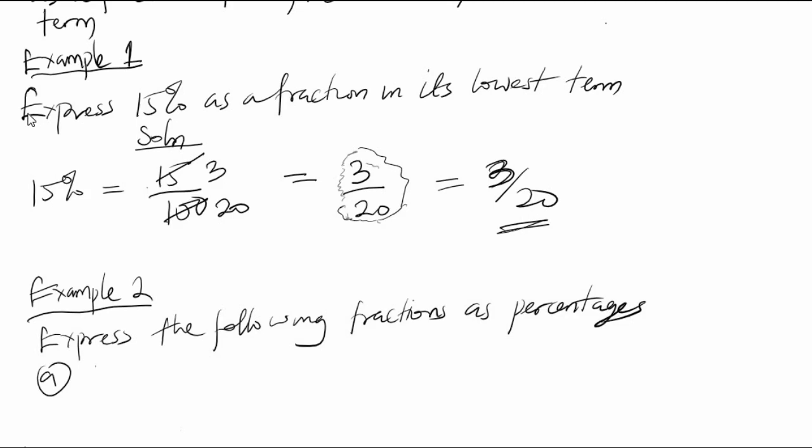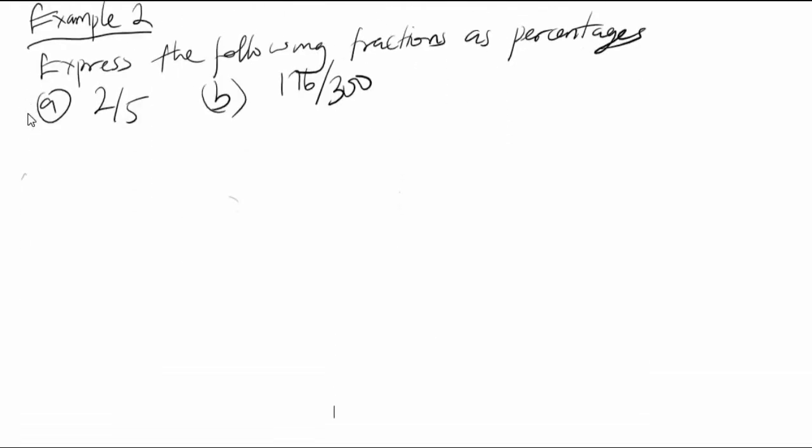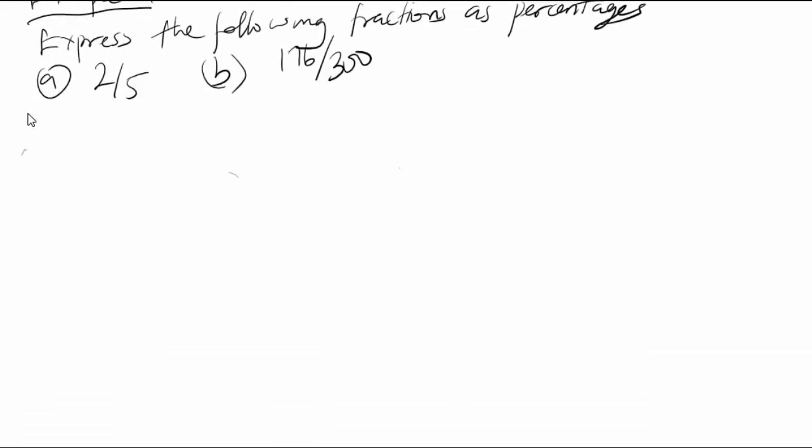A, we have 2/5, and B, we have 176/300. Let's take A first.